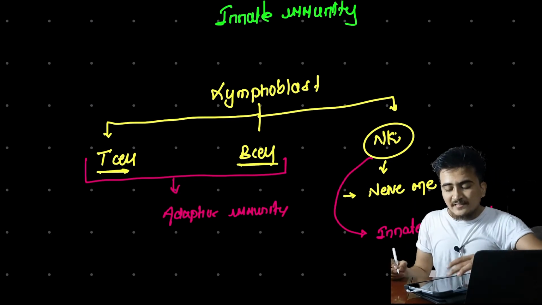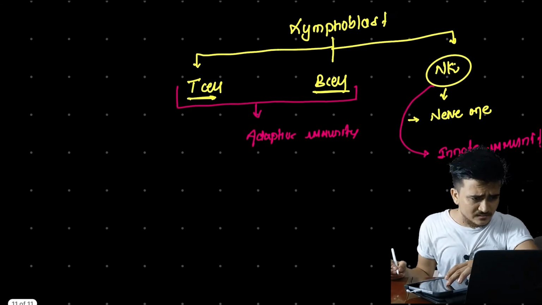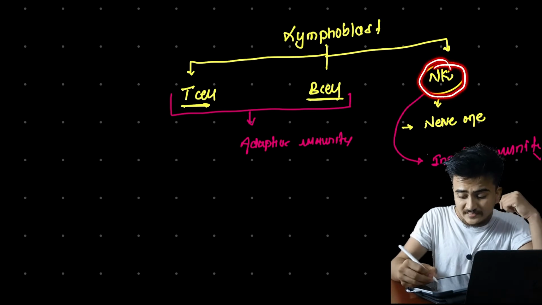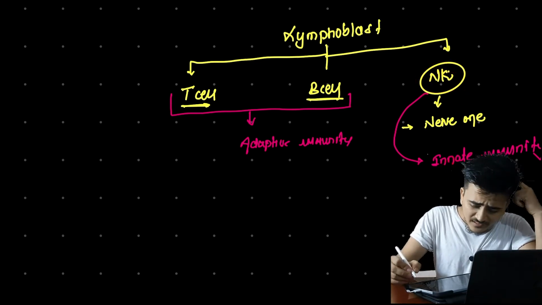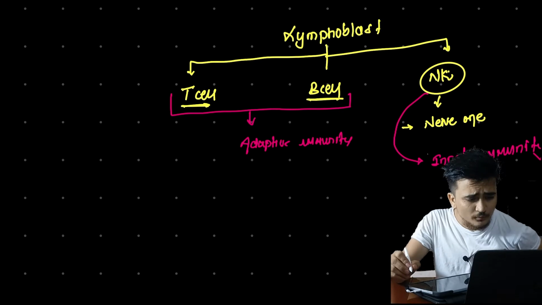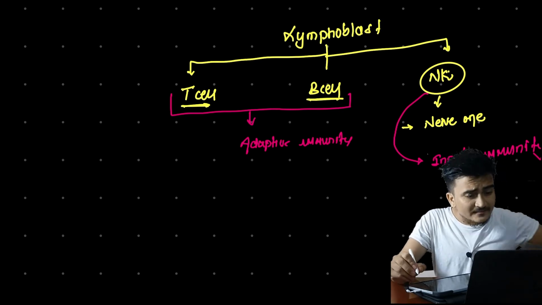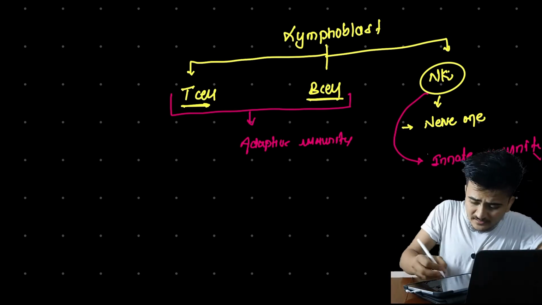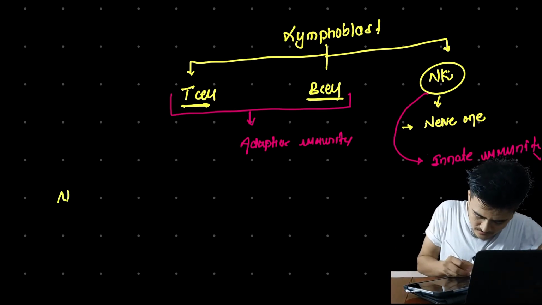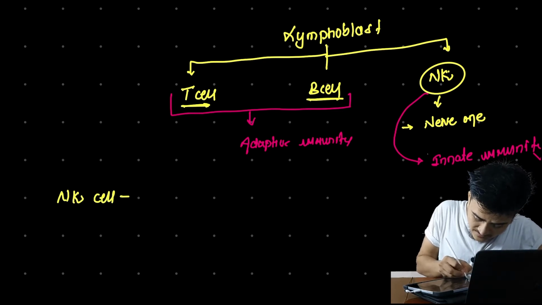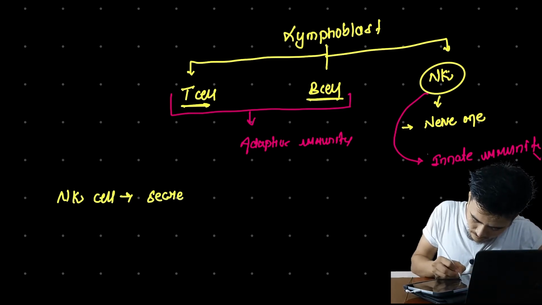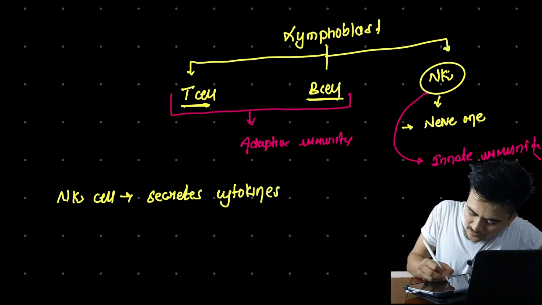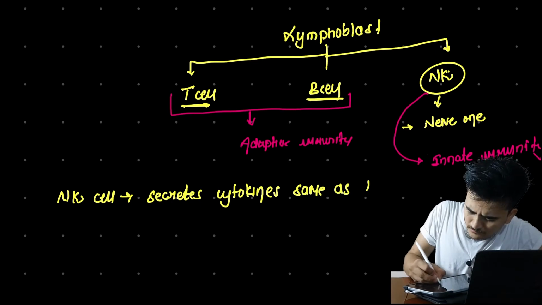Okay, now let's get deep into NK cells. What are the NK cells? They are a component of innate immunity. The important feature of NK cells is that they secrete cytokines, same as T cells.